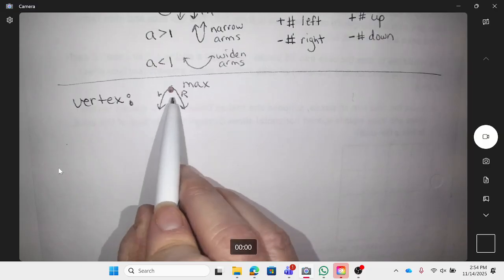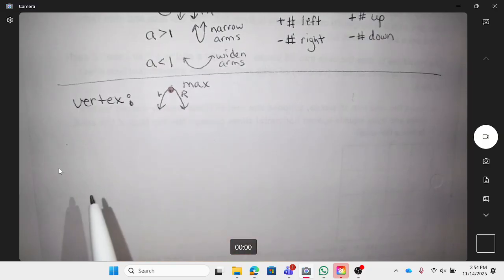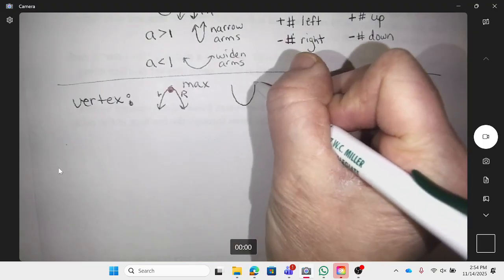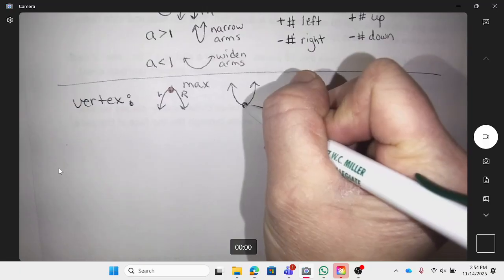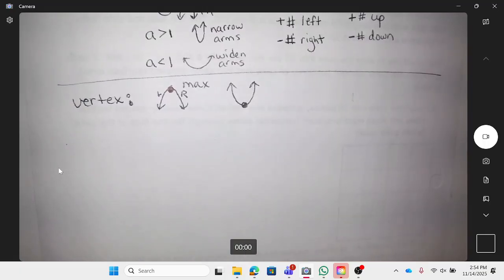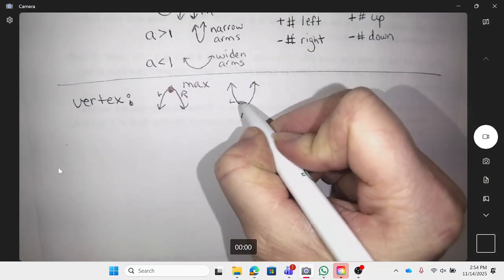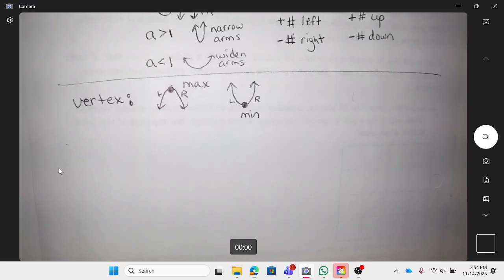Okay, so I wrote down to myself to make sure I do left and right. Or you could be finding a different type of vertex, which is called a min, left, right.